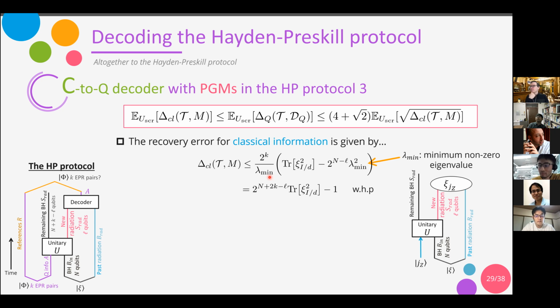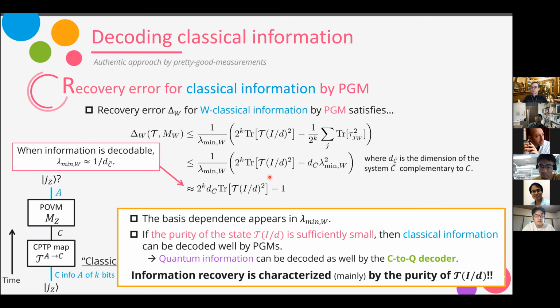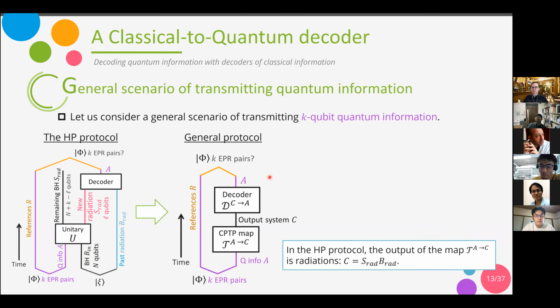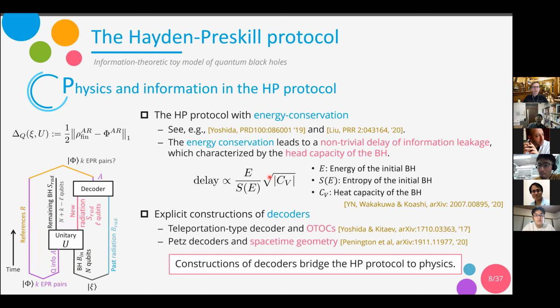And then a last question. You didn't speak about this, but you mentioned your earlier paper at the beginning of your talk, where you had a delay proportional to the energy times the square root of the heat capacity divided by entropy. There are recent papers over the past couple of years about actually decoding Hawking radiation, and they can calculate when they expect that to be able to happen in holographic scenarios.